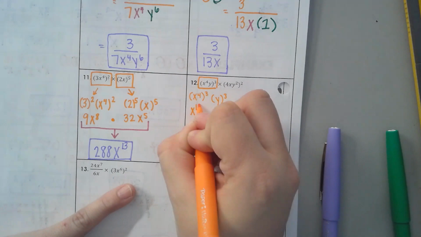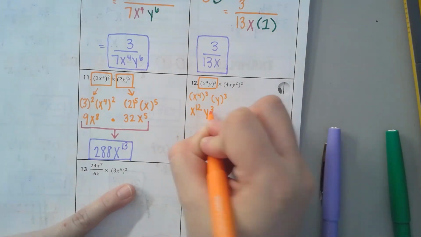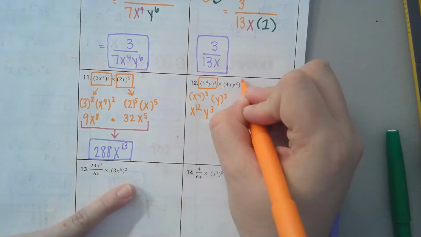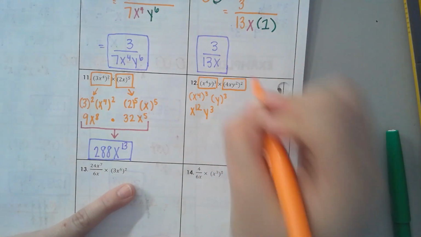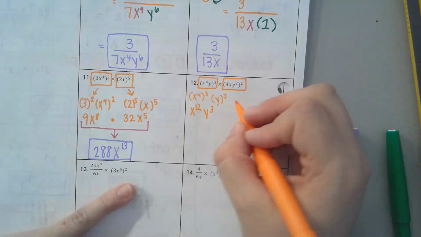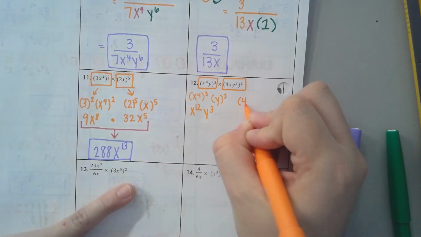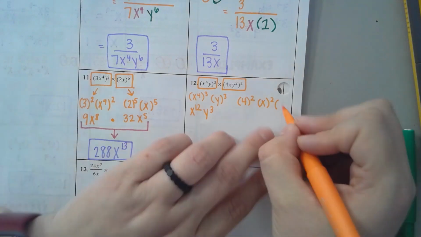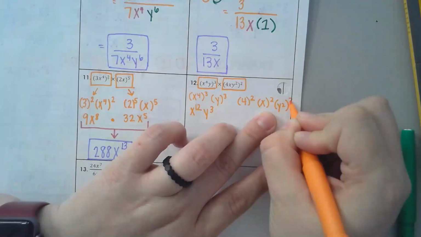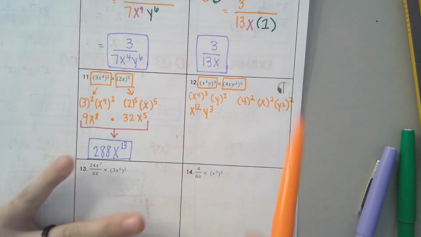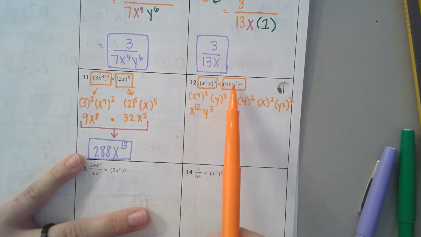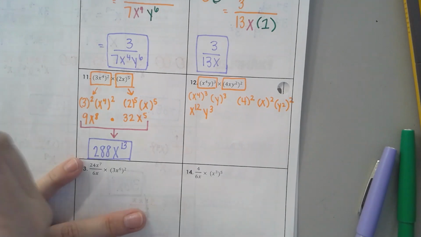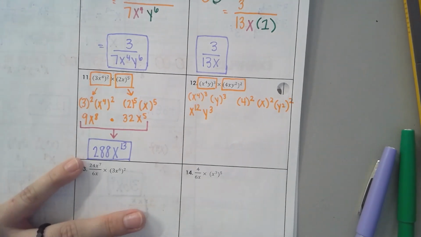X to the 12th, that just y cubed. And then I have 4 squared, x squared, y squared, squared. So I took each individual piece and put a squared with it. Kind of think about it as you're distributing the squared a little bit.